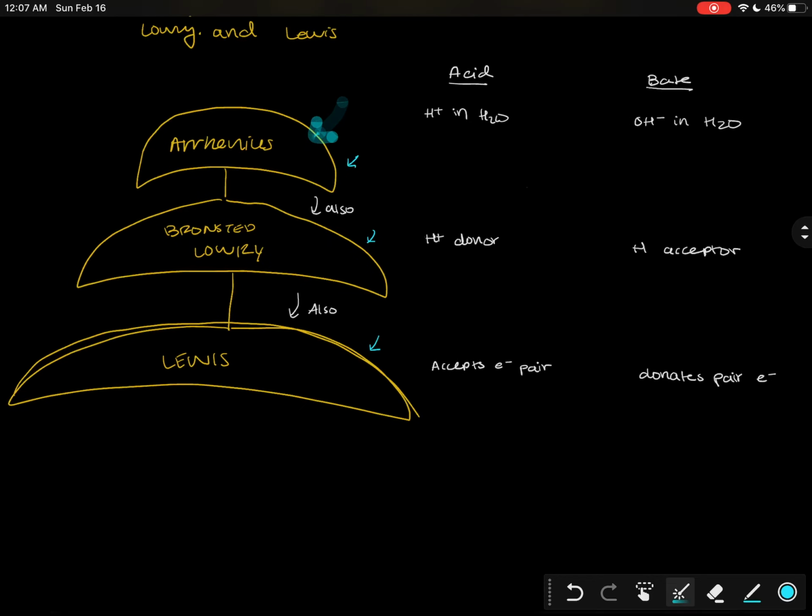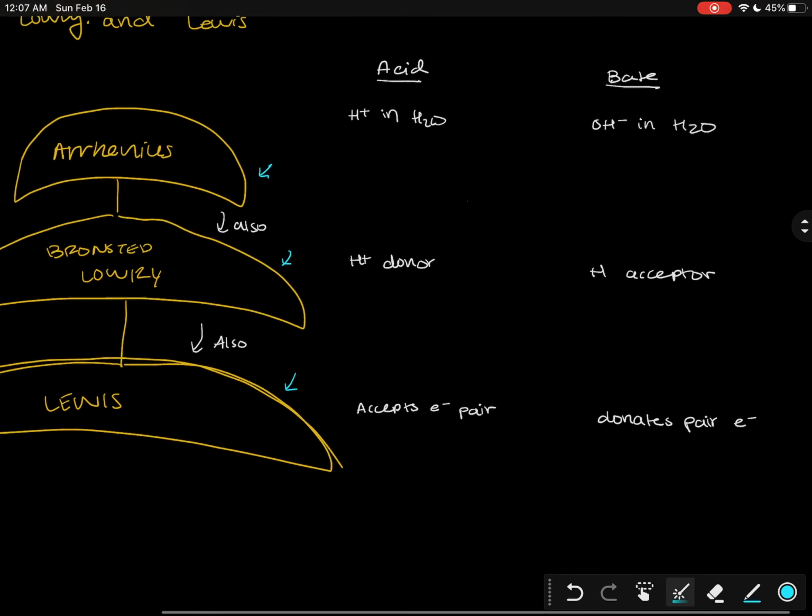So if something is an Arrhenius acid or base, it's also Bronsted Lowry, and it's also Lewis. But if something's Lewis, it doesn't necessarily mean it's Bronsted Lowry. I hope that this makes sense, and as we go along, I think it'll begin to make more sense. Okay, so I've written on the sides what each of these mean.